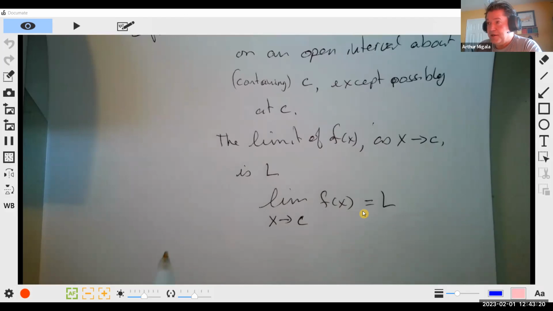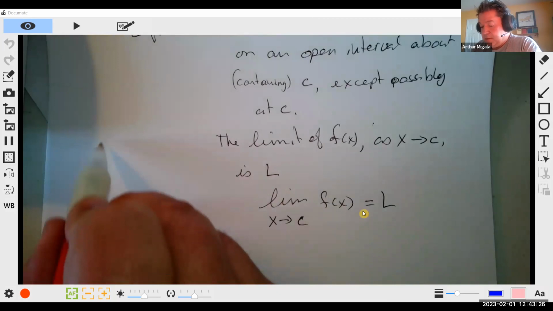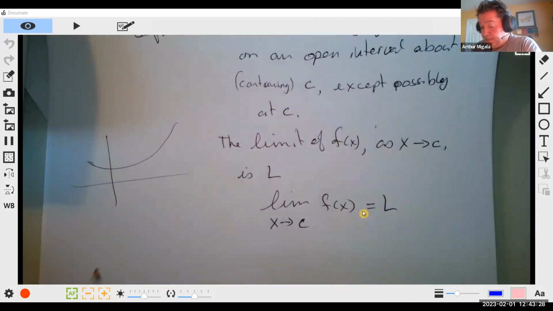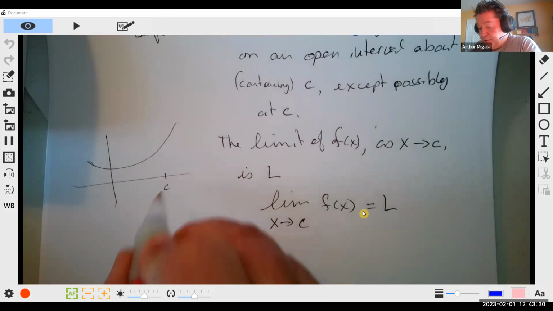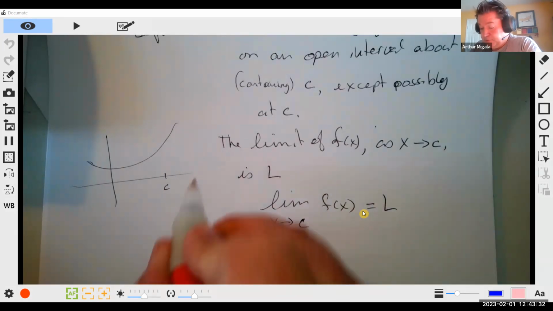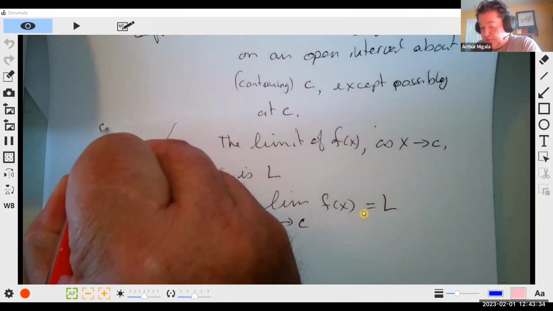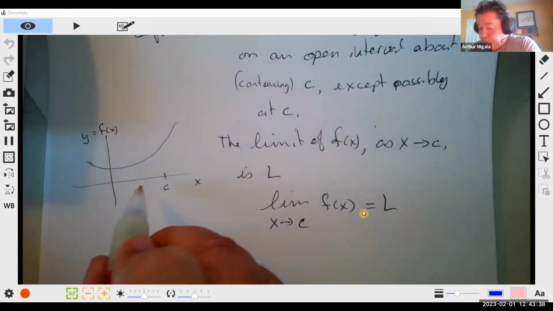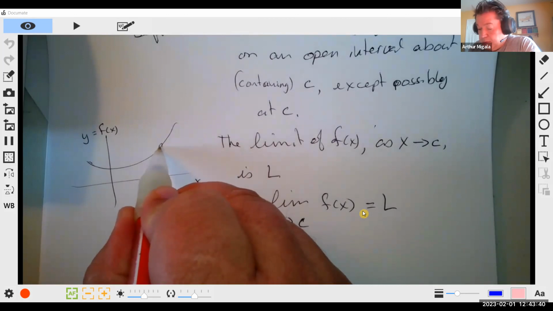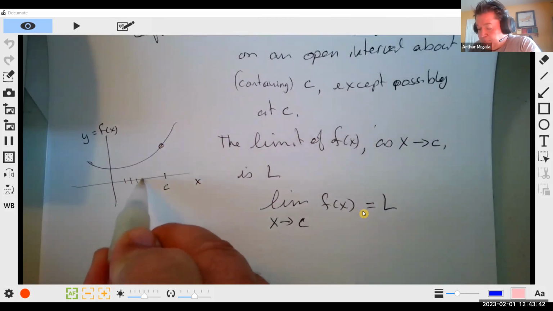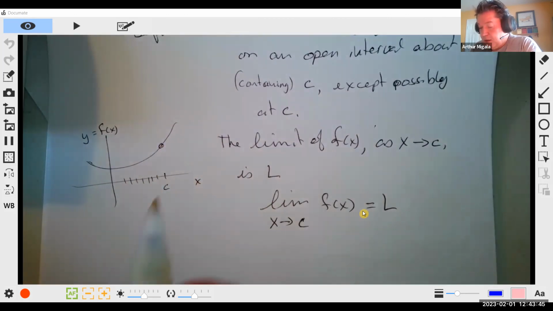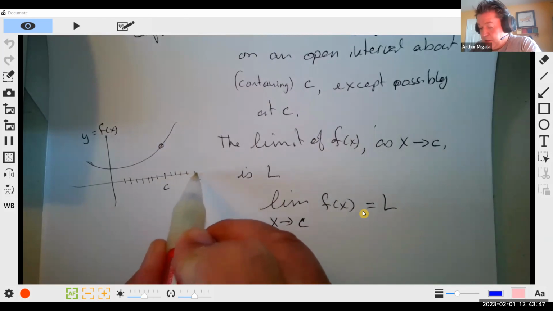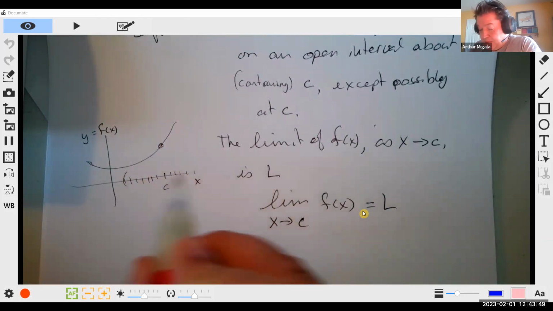Okay, now comes the important part, because all we've done is say that given any curve at some value point c, where this is our x values and this is our y values, we know that the function exists on any point along the line, and it has to be an open interval.